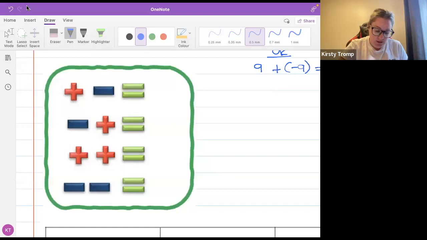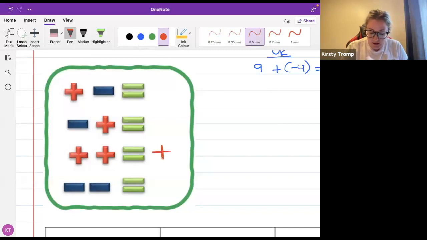So a positive and a positive sign next to each other, I know that the answer will always give me a positive.